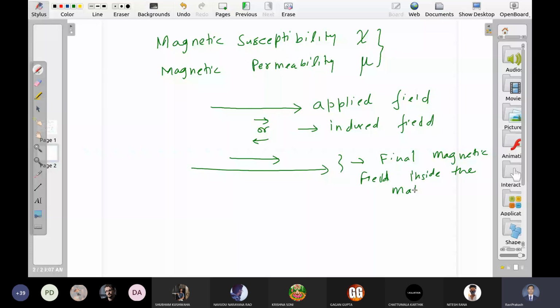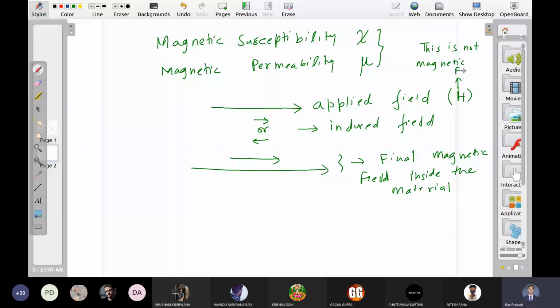So we usually represent the applied field by the symbol H. And let me tell you, this is not the magnetic field. This is related to the magnetic field, but it is not the magnetic field. How do we represent the induced field?